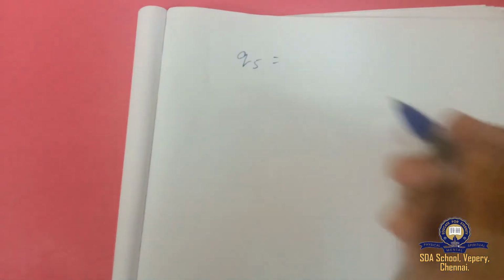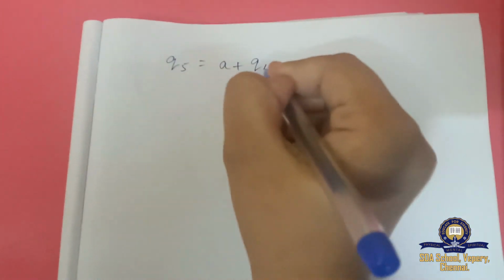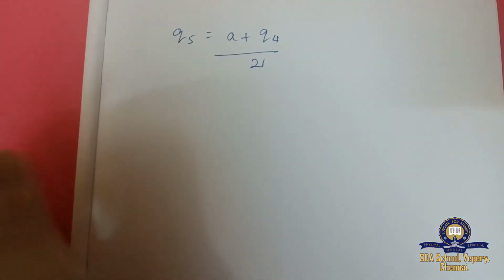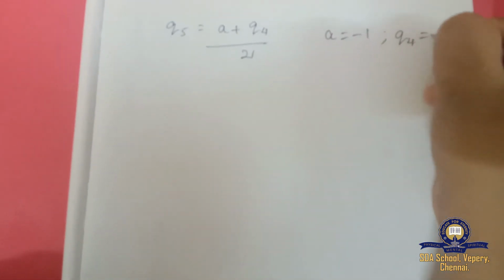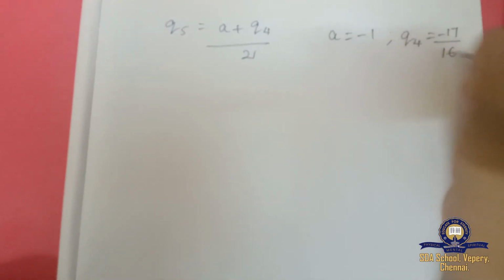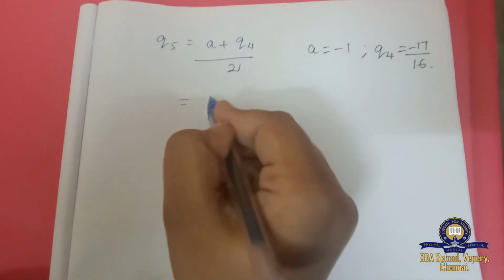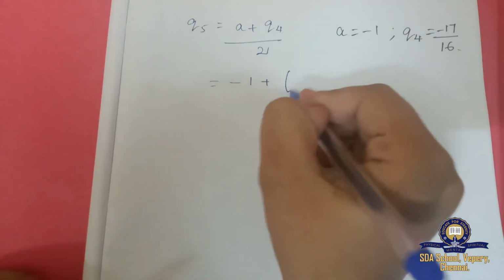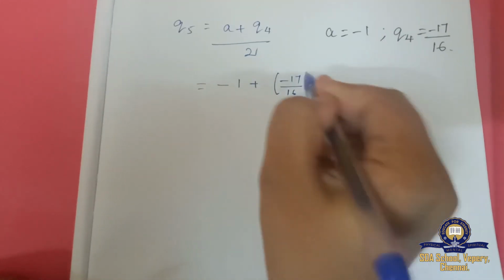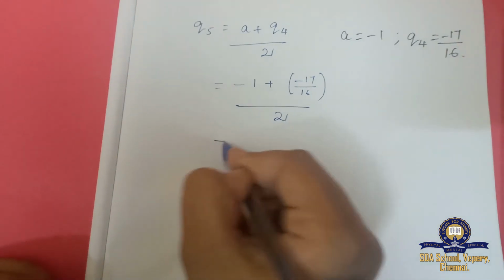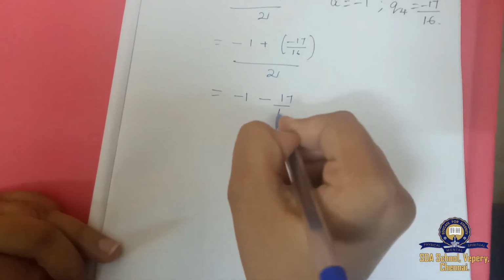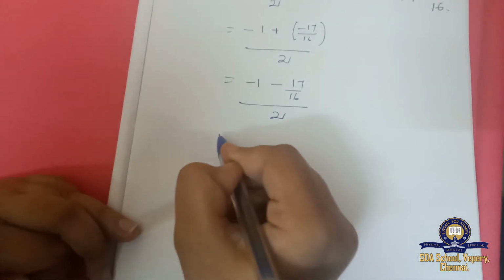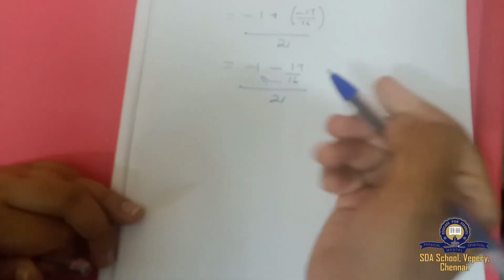What is the formula? A plus Q4 by 2. The value of A is -1. The value of Q4 is -17/16. Now I have to substitute over here. It will become -1 + (-17/16) divided by 2. Then I have to take the LCM.